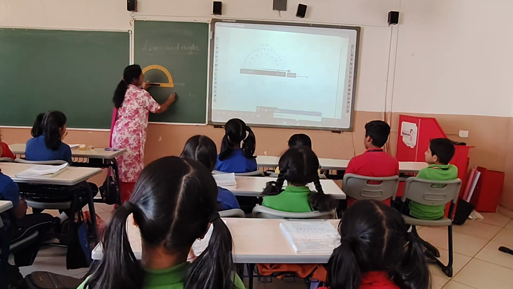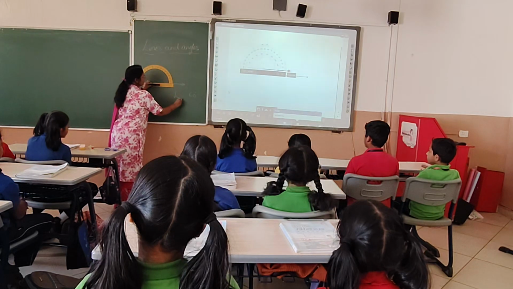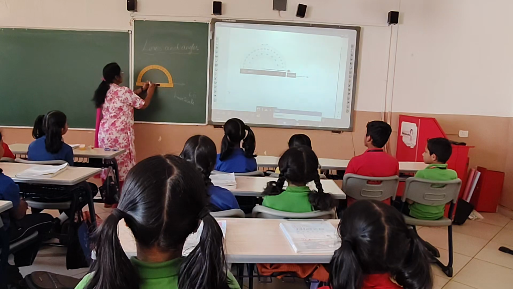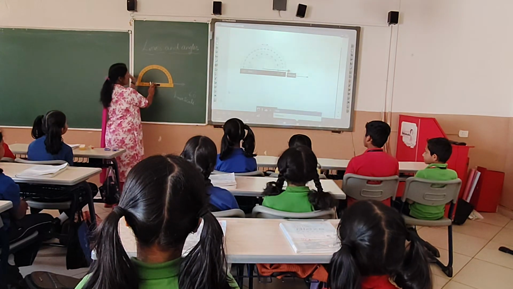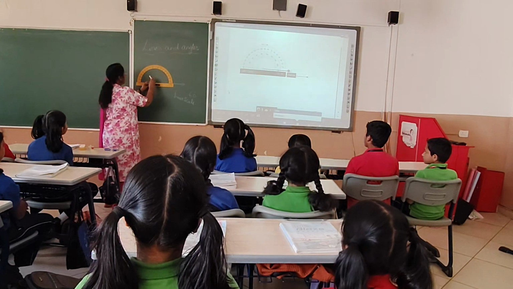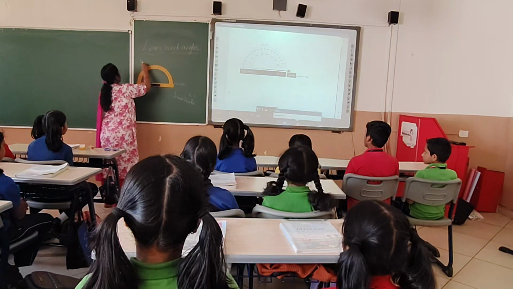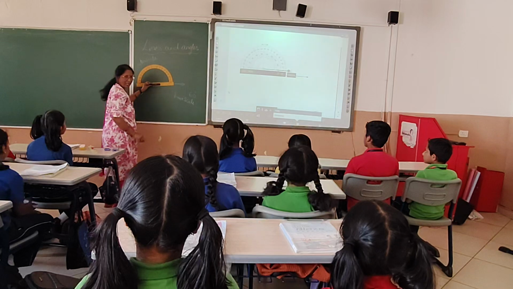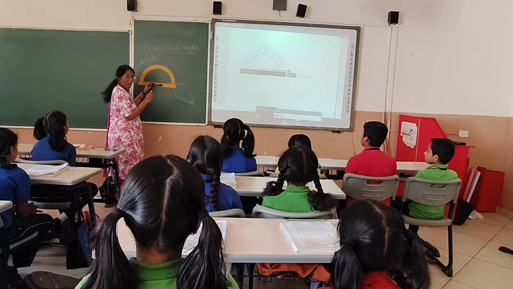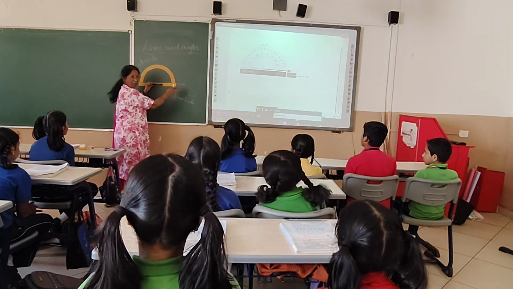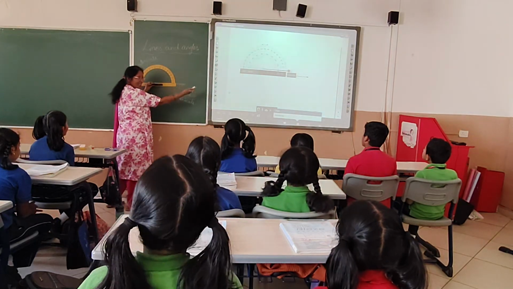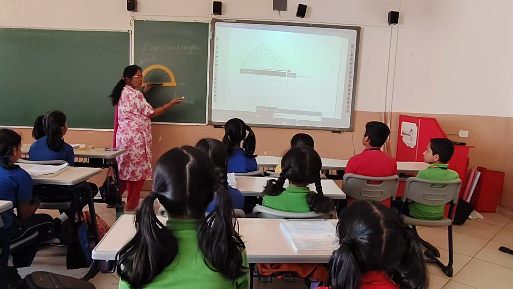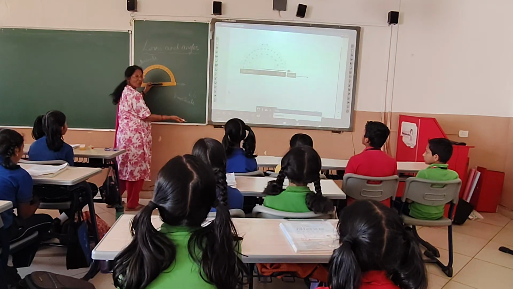This is called the inner scale, and from left hand side to right hand side it is called the outer scale. It is read as outer scale. So where the arrow mark is, the baseline of the arrow mark is at the right hand side, which means you are supposed to measure going anti-clockwise.